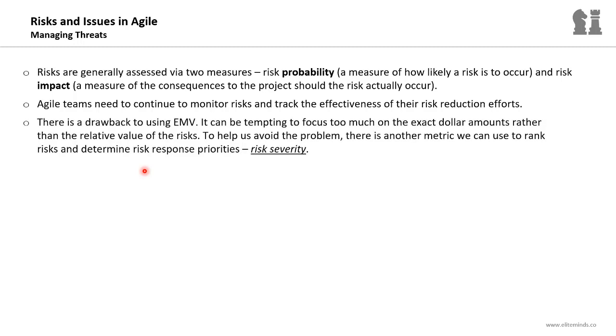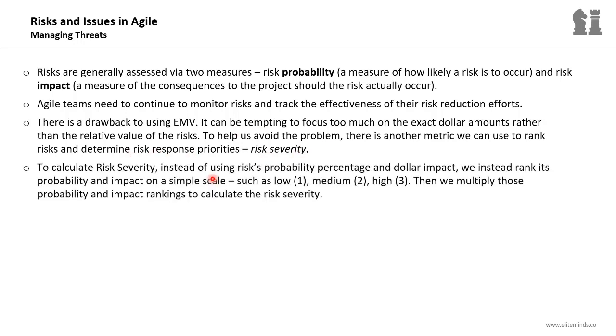Now, there is a drawback of using the expected monetary value formula, which I explained earlier. It can be tempting to focus too much on the exact dollar amounts rather than the relative value of each risk. And this is the drawback which we will avoid by using the risk severity tool. To help us avoid the problem, there is another metric we can use to rank the risks and determine risk response priorities, known as the risk severity.